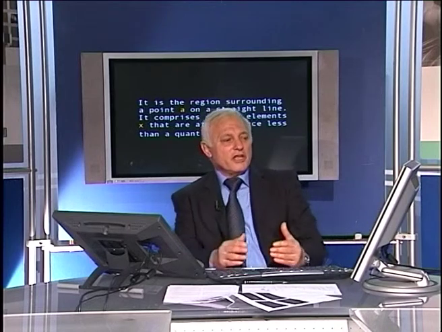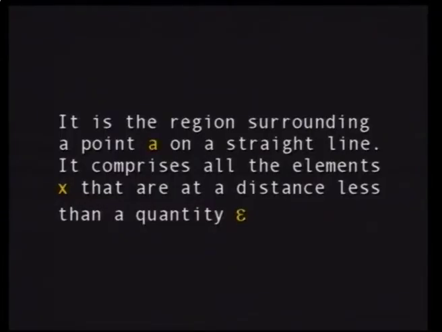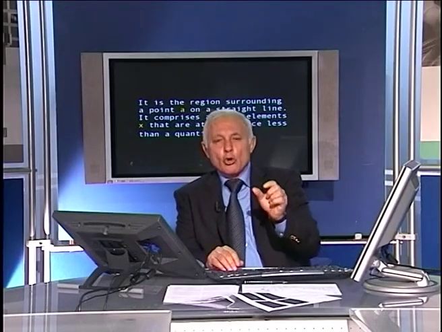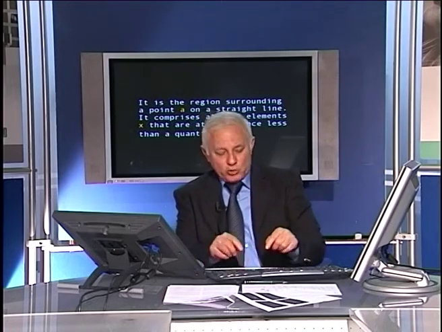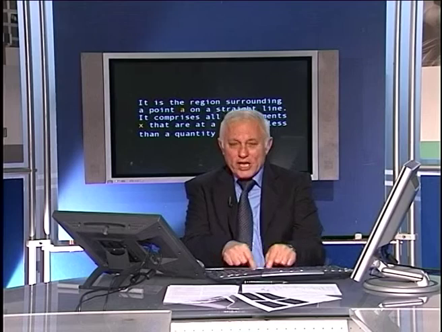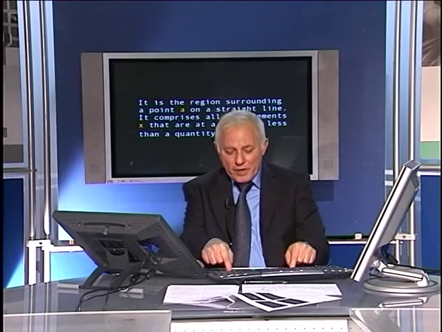So the neighborhood is something that mathematicians use to denote the region surrounding a point A. You have a point A, and you want to denote all possible values of a variable which lie at a distance from A that is less than a quantity called epsilon. This is an arbitrary value epsilon that denotes the radius, or the distance of your neighbor to the point A. So in fact, it is represented in this form.